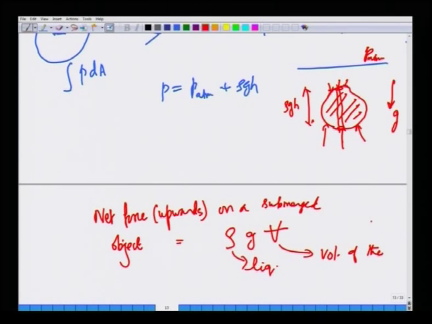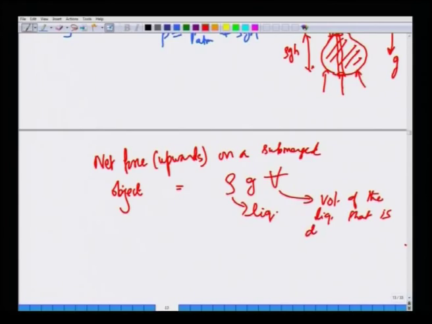Here the entire volume is submerged, so it is the entire volume of the solid itself, the volume of the liquid that is displaced by the solid.